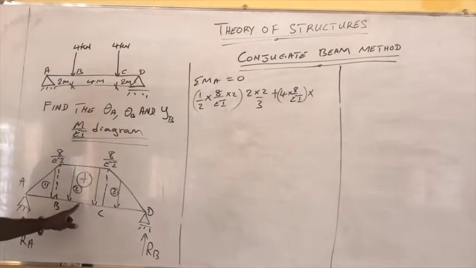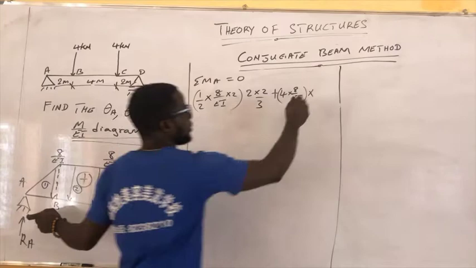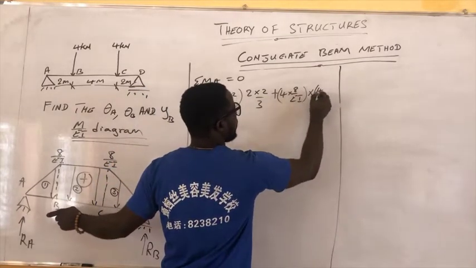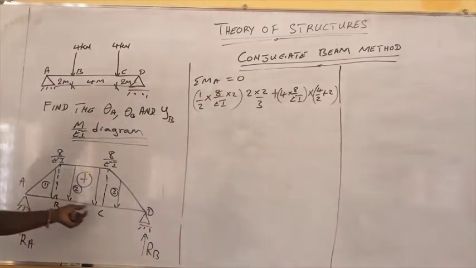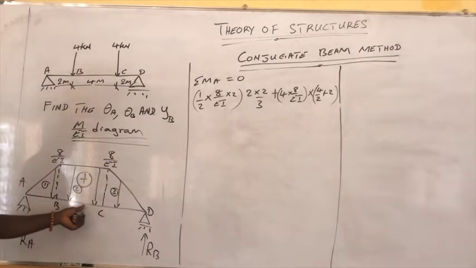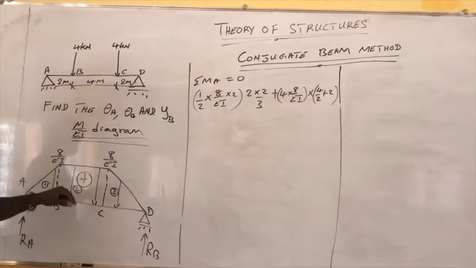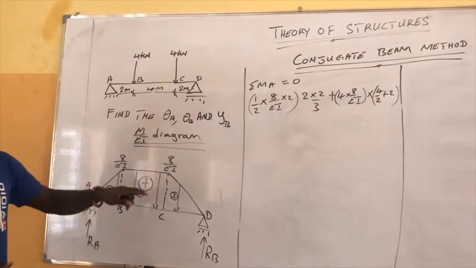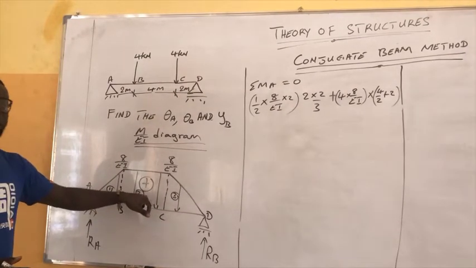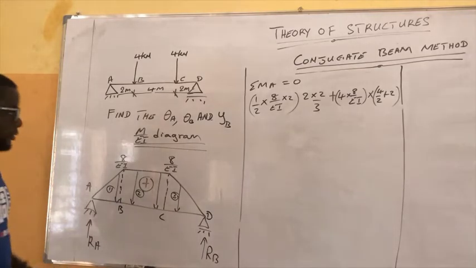The centroid will be 4 over 2 plus 2. So the centroid of this shape will be 4 divided by 2, plus the distance from A to the point B. When you add them together, that will give you the distance from the centroid to point A.